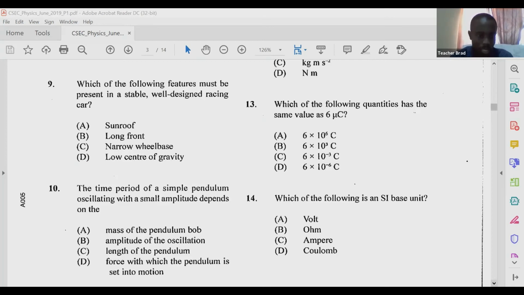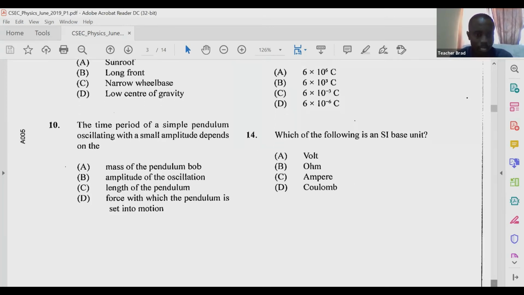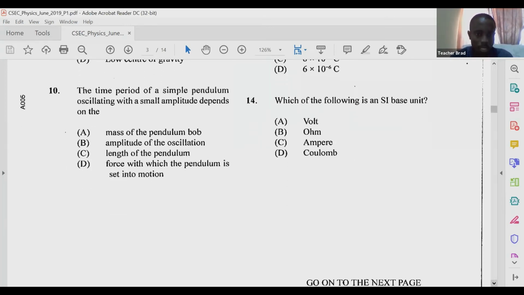All right, number 10. The time period of a simple pendulum oscillating with a small amplitude depends on what? If you remember when you did your lab of the simple pendulum, we were varying the length of the string, and we observed the time period for oscillation.